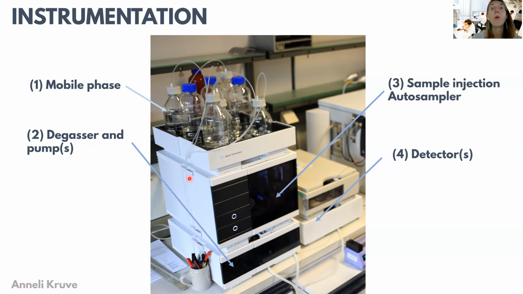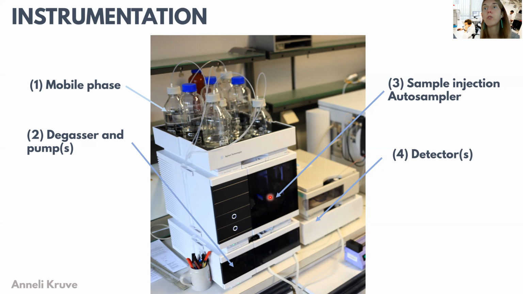You have a pump. Here in this setup, the pump is beneath the autosampler, but it can also be reversed, and usually is, so that the pump comes directly after the mobile phase platform.